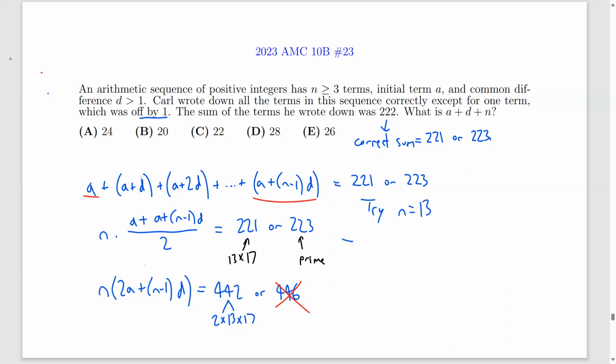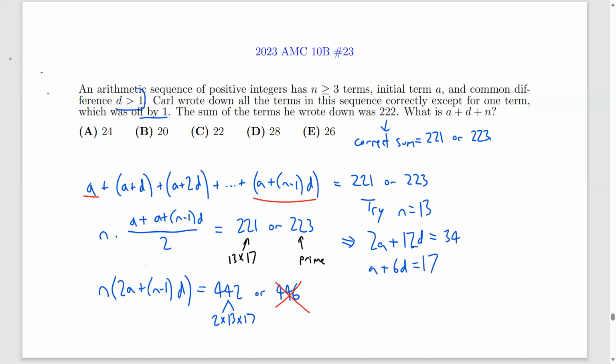So if we try n equals 13, then we're left with 2a plus 12d is equal to 2 times 17, which is 34. Now, if I divide both sides by 2, I will get a plus 6d is equal to 17.